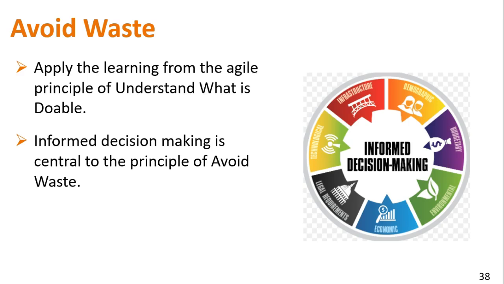We don't want to waste resources. And that's primarily based on information. If we have a variety of sources of information, we need to use that information to determine what really needs to be done and what makes sense to do in order to deliver value.